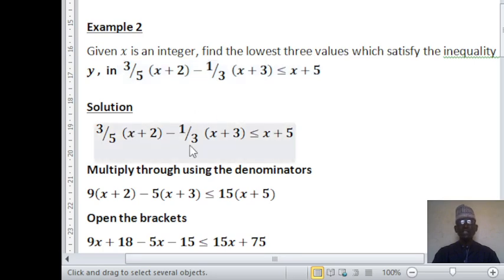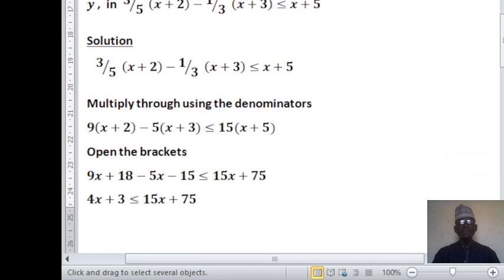Solution. You bring down the inequality, which I did here. Then what we do next, we use the denominators to cross multiply. We use 5 to multiply the bracket x plus 3.